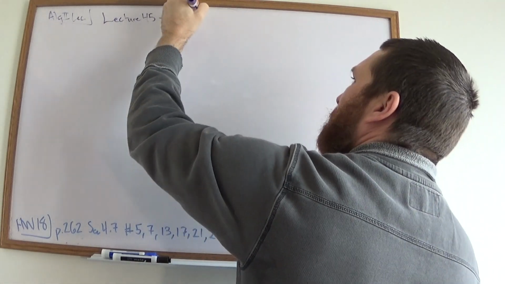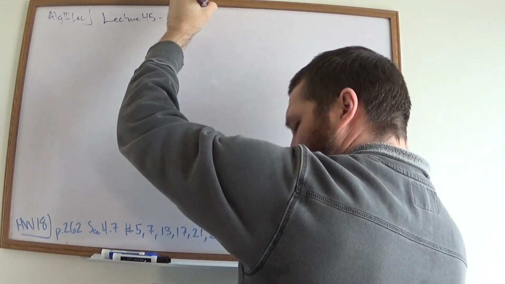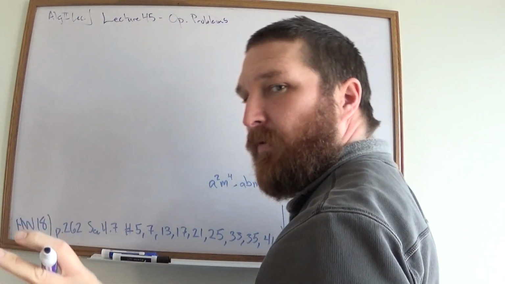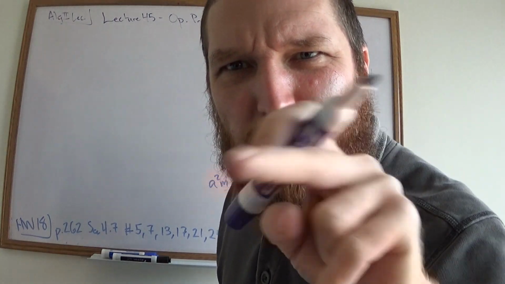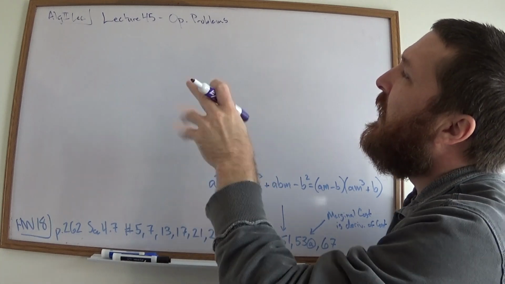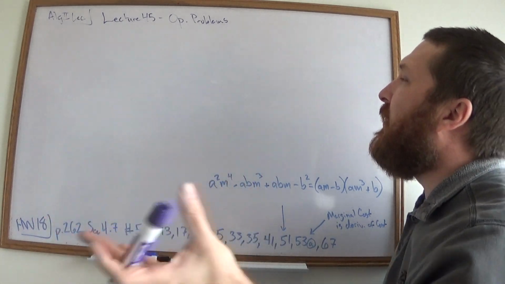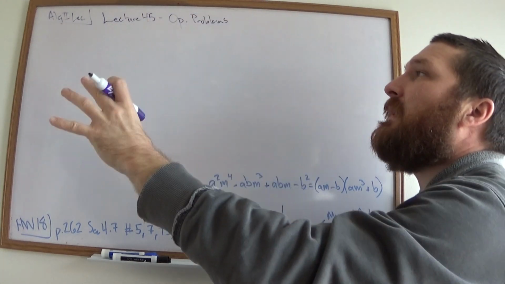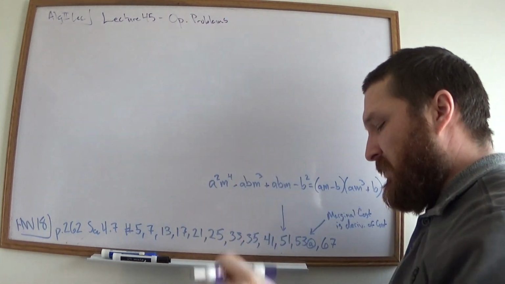I'm not going to write it out. I'll try to remember to put a link to it on this video. But it's in the Algebra 2 lectures playlist, lecture number 45, optimization problems.